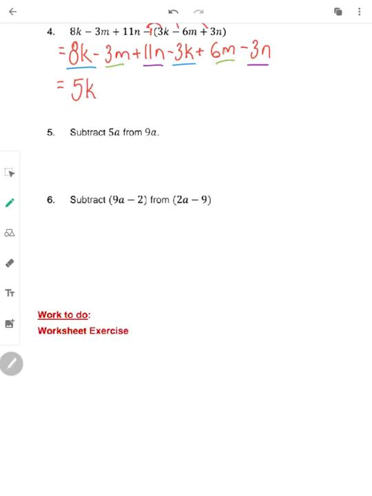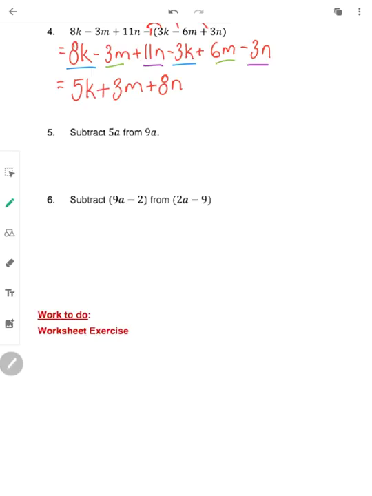Negative 3m and 6m together, or 6 minus 3, is positive 3m. So plus 3m, and then 11n minus 3n gives you positive 8n. You can check these answers for the coefficient values, 8 minus 3 for example, on your calculator if you're not as confident with your integer calculations as of yet.